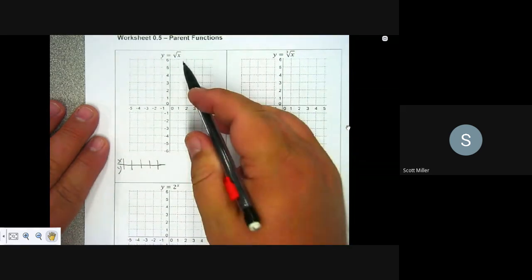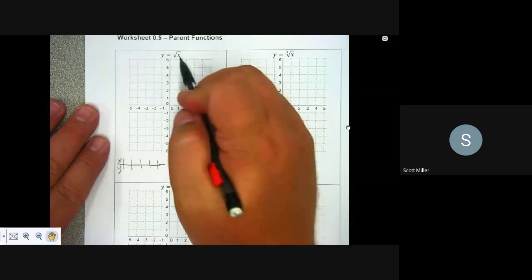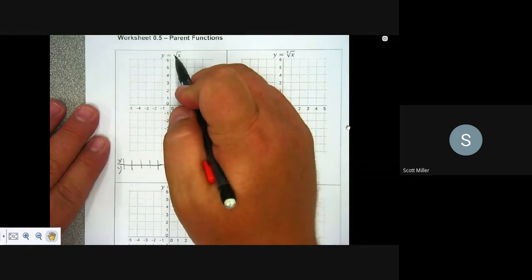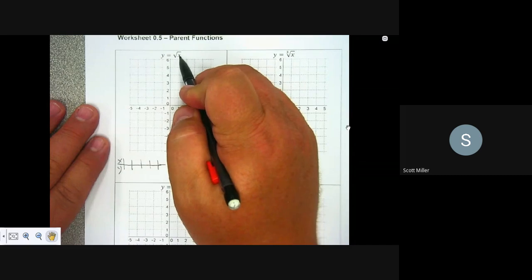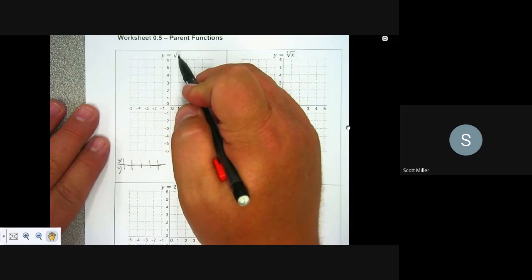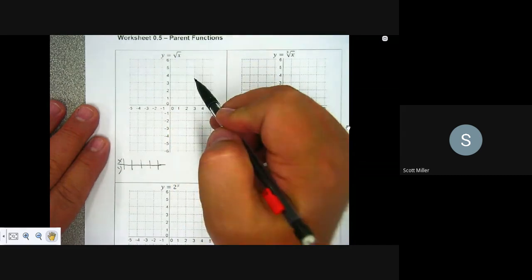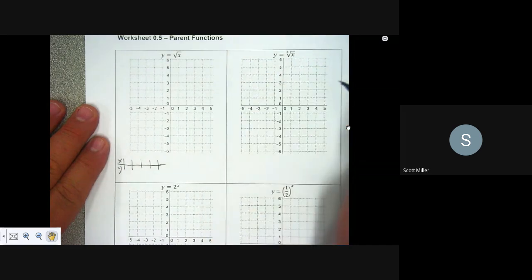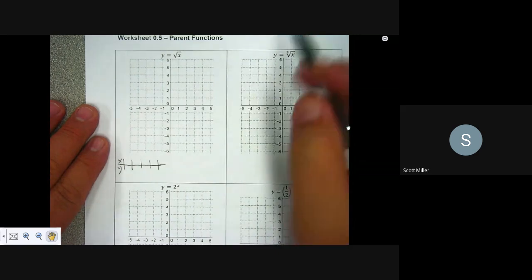But for square roots, as we've determined and we know, you cannot take, in the real world, the square root of a negative value. So I already know that there are no negative values that I can plug in for x. So this one actually has a starting point. Most of the tables on the other ones, I call the center point 0. Here is the starting point.